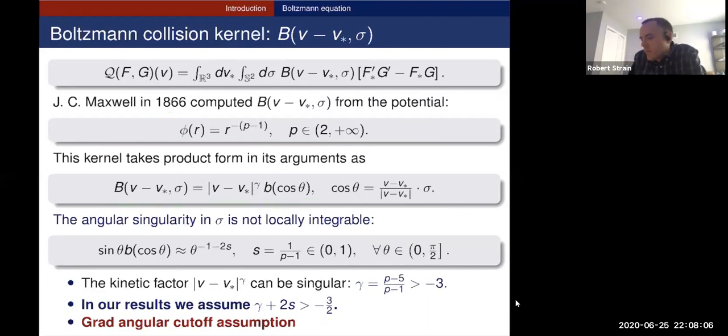of cosine theta, where cosine theta is a unit vector (V - V*) dotted with sigma, and lowercase b is an angular function. This lowercase b, there isn't a precise, exact closed formula for it.